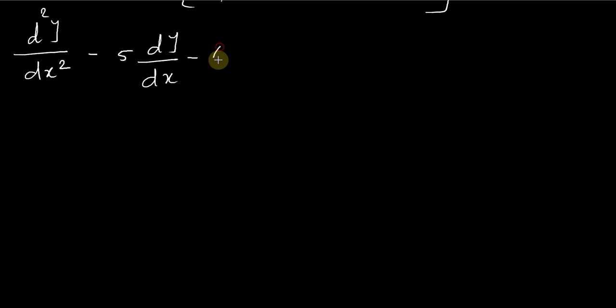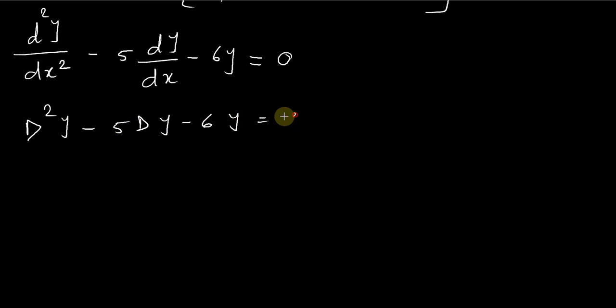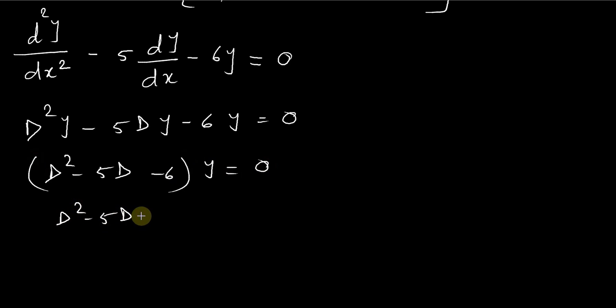Let the given differential equation be d square y by dx square minus 5 dy by dx minus 6y is equal to 0. So first write this equation using operator D. Taking y common, equating this bracket of D to 0, we get the auxiliary equation.